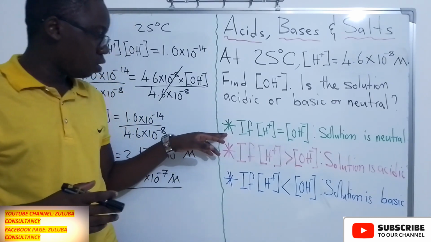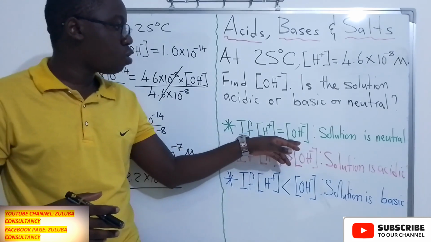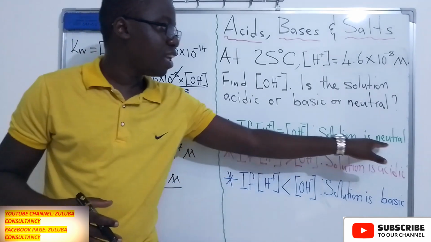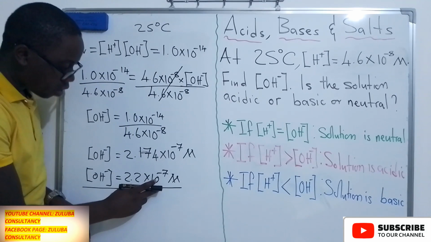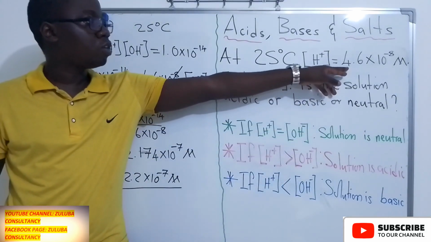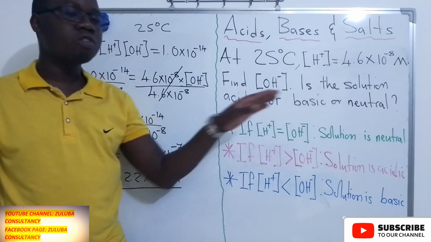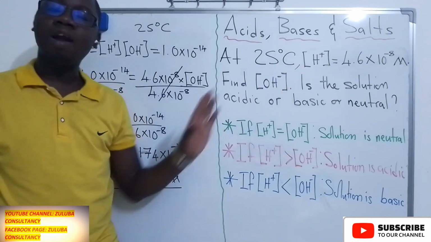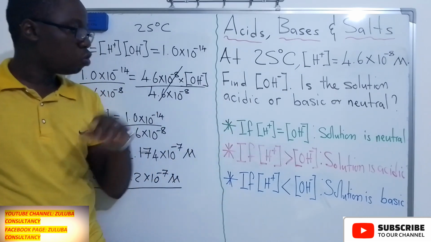The first point is, if the concentration of H positive is equal to the concentration of OH negative, then the solution is neutral. If this value were equal to the concentration of H positive that we have been given in the question, we would have said this solution is neutral. In this case, these two answers are not the same, so we can say this solution is not neutral.